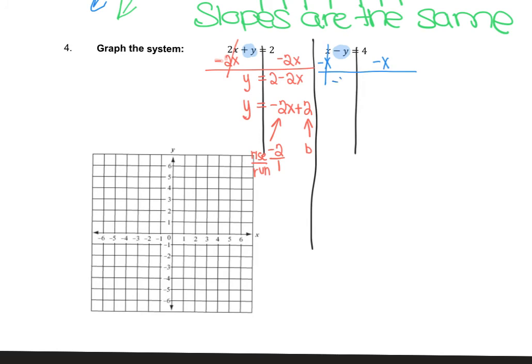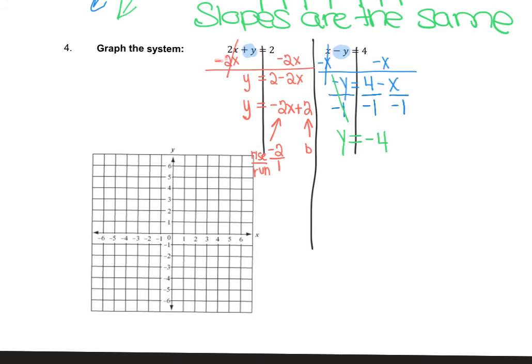We pull down the negative y equals 4 minus x. Now, it's negative y, so I'm going to divide everything by negative 1. The negative and the negative 1 on the left cancel out or divide to be 1. So I get y equals. Now 4 divided by negative 1 gets me negative 4.